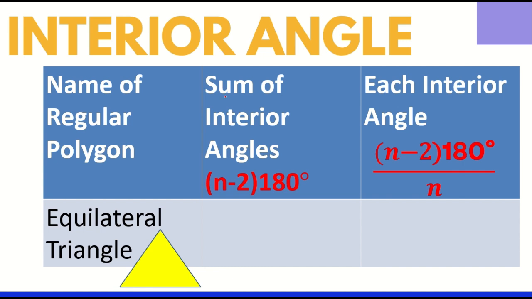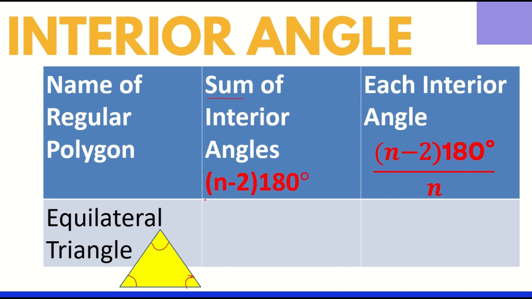Kapag sum ang hinahanap natin, pinag-a-add natin ang mga angles na nasa loob ng ating equilateral triangle. Hindi mo muna isasali ang n, kasi hindi naman hinahanap ang bawat isa, yung each interior angle. Okay, start muna tayo.